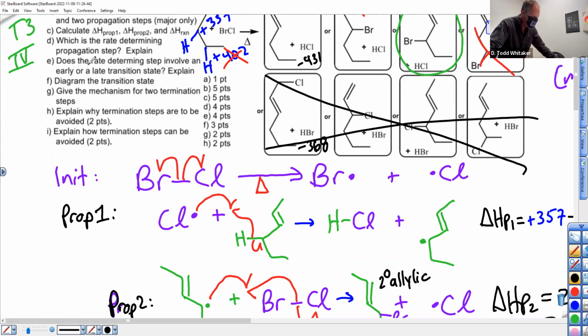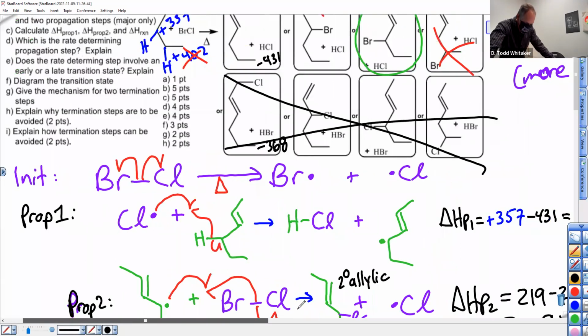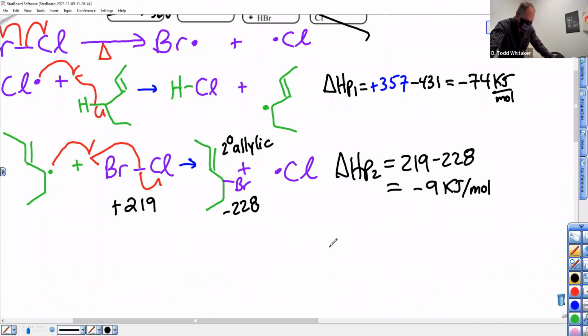Does the rate determining step, oh, wait, which is the rate determining propagation step? It doesn't say anything about fast and slow. Guys, the rate determining step is the slow step, period. That's what makes it the rate determining step. Okay, which of those two steps is less negative, because that's the slower one. Okay.